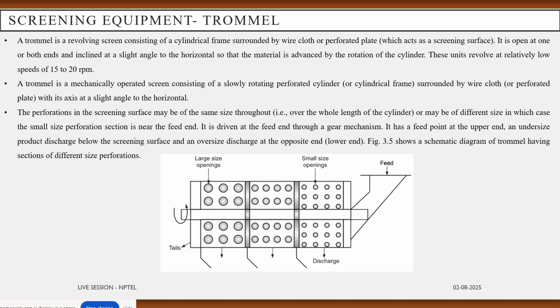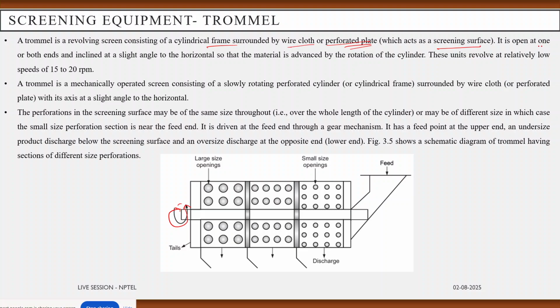The next screening equipment that we look at is the trommel. A trommel is nothing but a revolving screen. It rotates in a definite direction. It consists of a cylindrical frame that is surrounded by wire cloth or perforated plate, which acts as a screening surface.